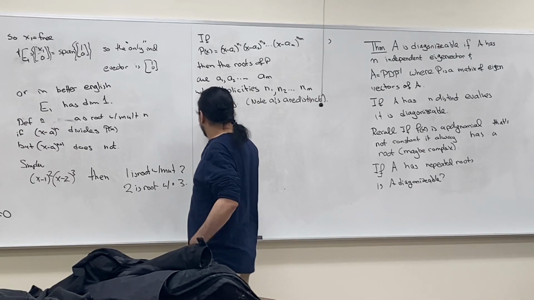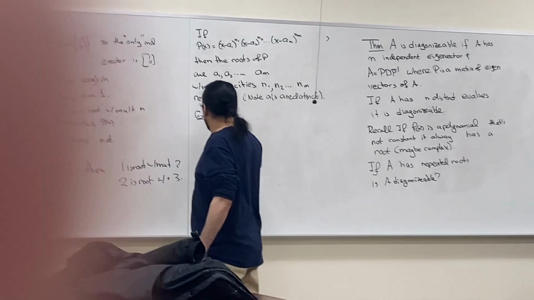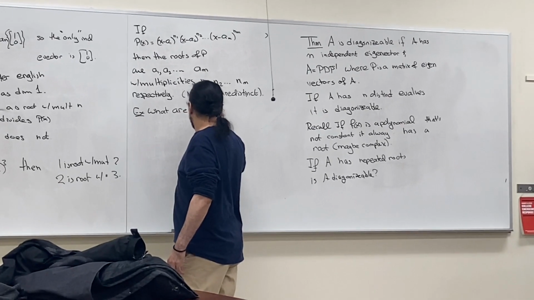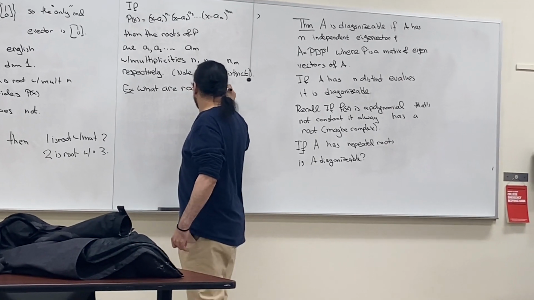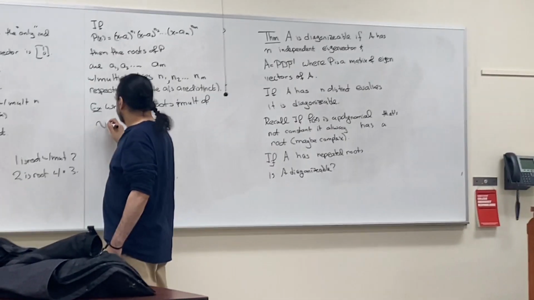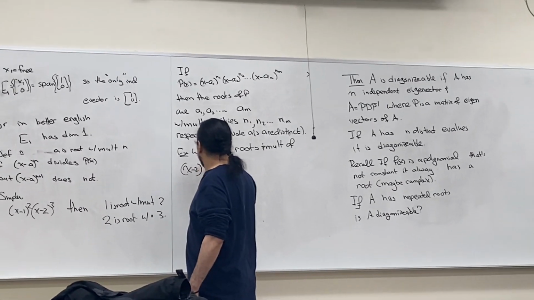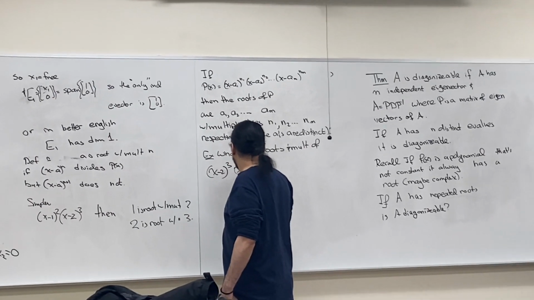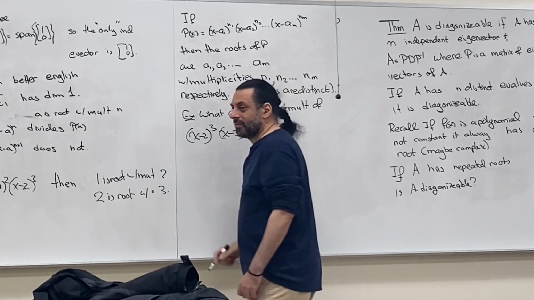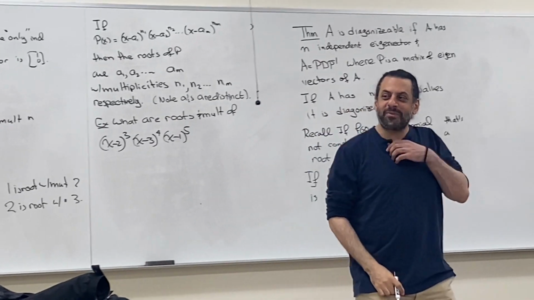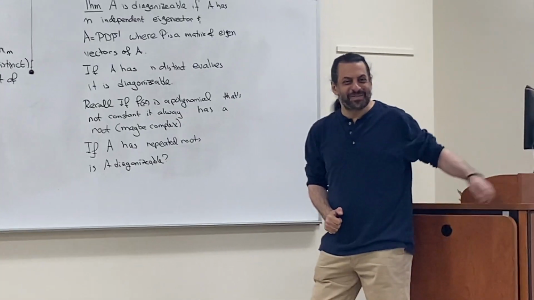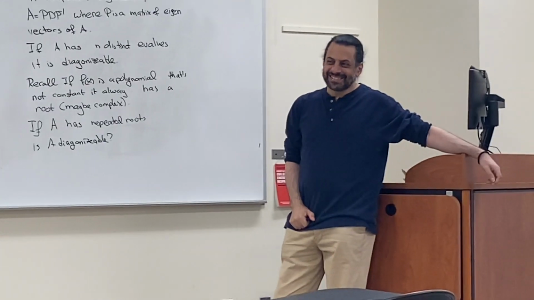Maybe say, for example, what are the roots and multiplicities of (x - 2) to the third times (x - 3) to the fourth times (x + 1) to the fifth? Questions or comments?